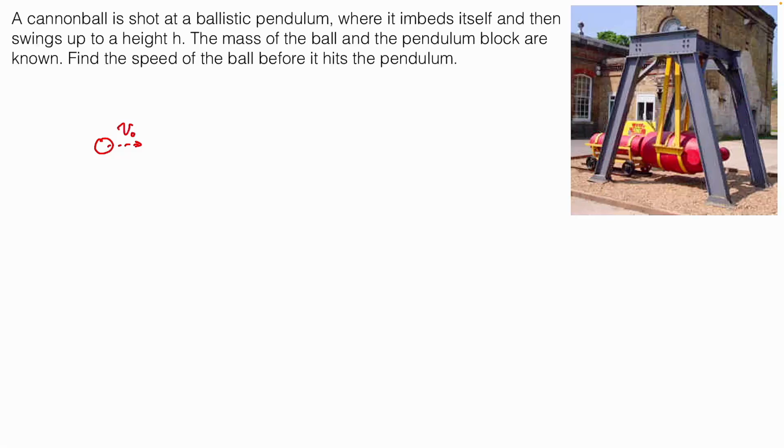It's okay. And so sometimes you need a before, during, and after picture. You almost have to become like an amateur animator here, right? So during, the ball embeds itself in the catcher. And then after that, the ball together with the catcher are going to swing up through a height h.